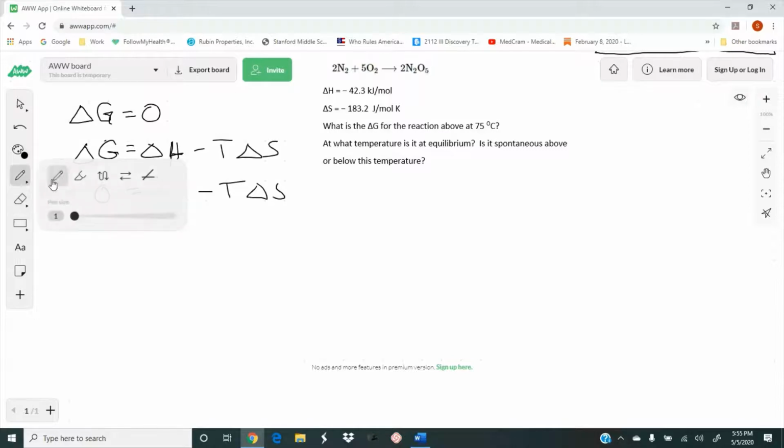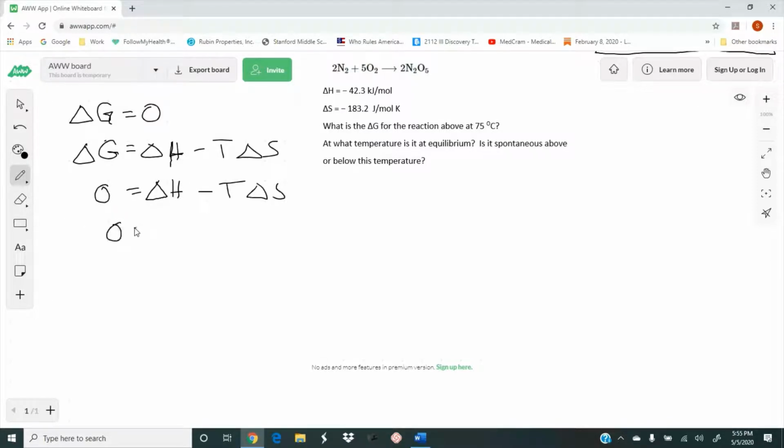So our delta G is 0. We have delta H up there. We have delta S. All we have to do is find what the T is. So let's go ahead and plug those things in.